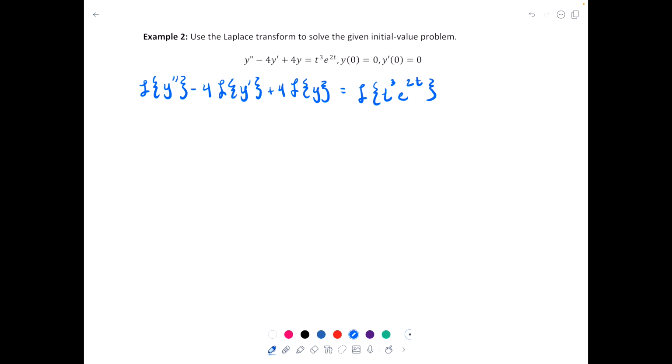All right, so here we go. The very first part, I'll do this one in purple, will be s squared times y at s minus s times y at 0 minus y prime at 0. Good so far?